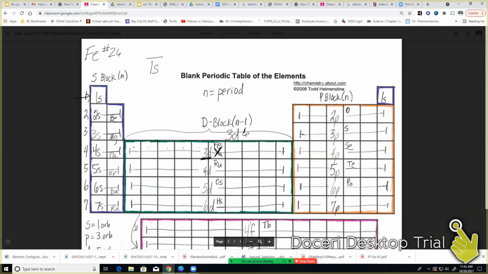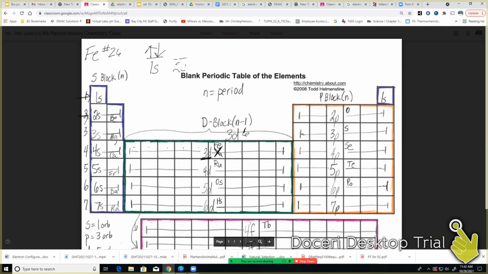1s is always going to have 2 electrons, except if it's a configuration for what? For hydrogen, right? Helium would be just like this, and we would stop right there for helium because it's the second one. So hydrogen would have 1, but everything else is going to have this and more. So 1s, and then I go to my 2.